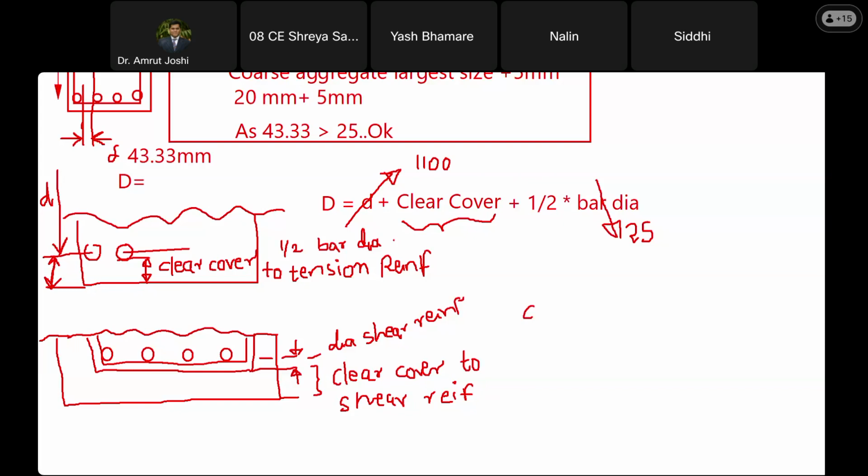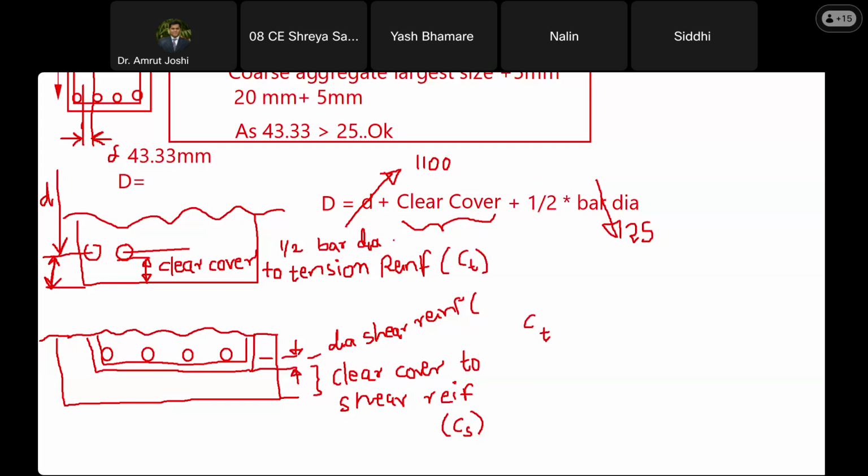Clear cover to tension reinforcement. So I will call it as CT. What is CT? Clear cover to tension reinforcement. I will write this in brackets so that there is no confusion. CT. And what is clear cover to shear reinforcement? So I will write it as CS. Happy? Yes, sir. And what is the diameter of shear reinforcement?